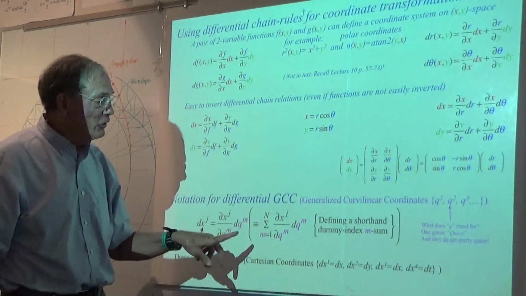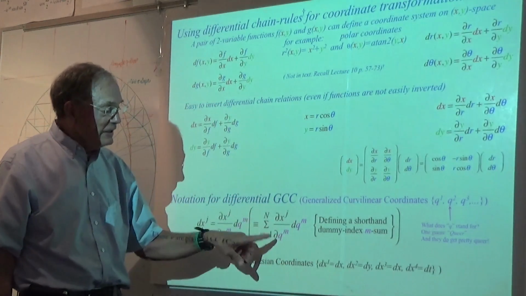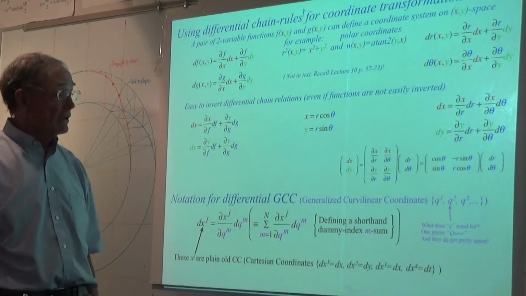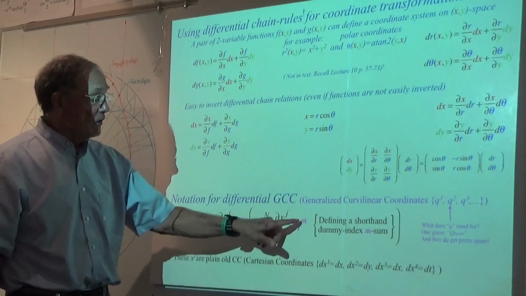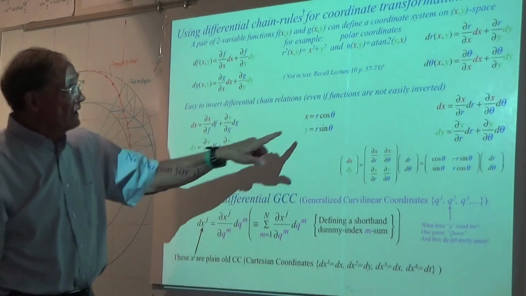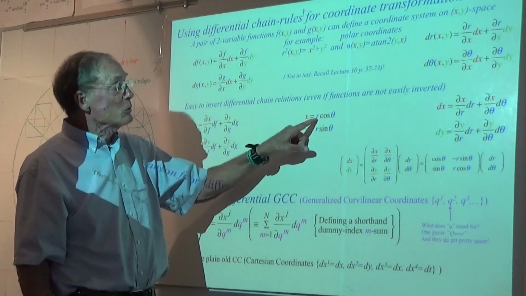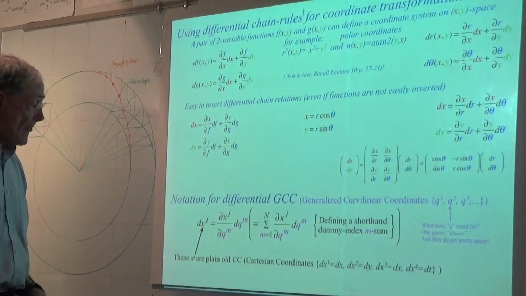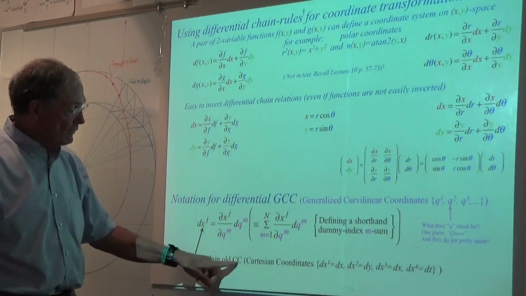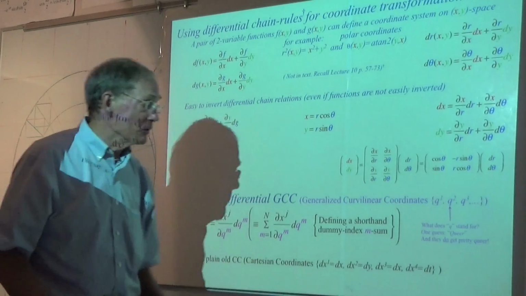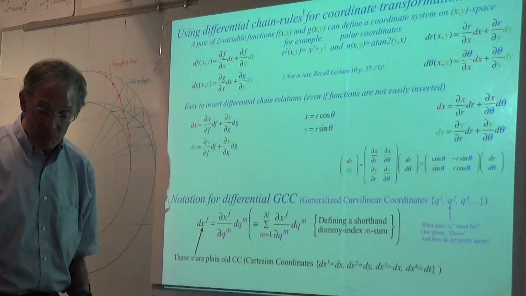Whenever you see two indices repeated on the same side of the equation, it's understood that you sum over all the dimensions that are available, in this case only 2, because we have this one, say, being Q1 and this one being Q2. And then these are this plain old X, Y, and Z, okay, in time if we're going to go with a particle into 4 dimensions.